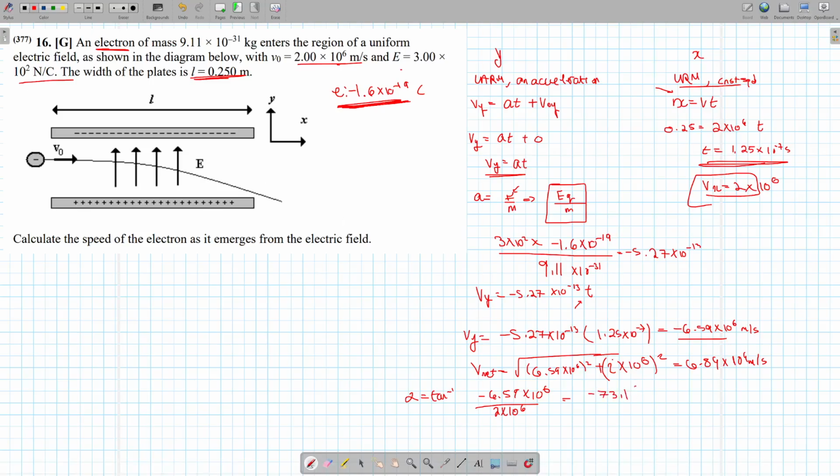So you can say that the particle emerges at 6.89 times 10 to the power of 6 meters per second, negative 73.1 degrees from the x-axis. Okay, so just to summarize, this is the solution.